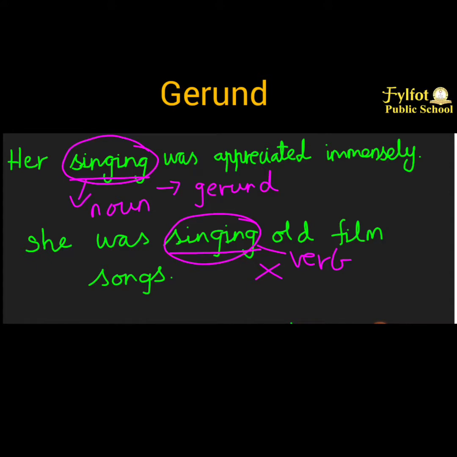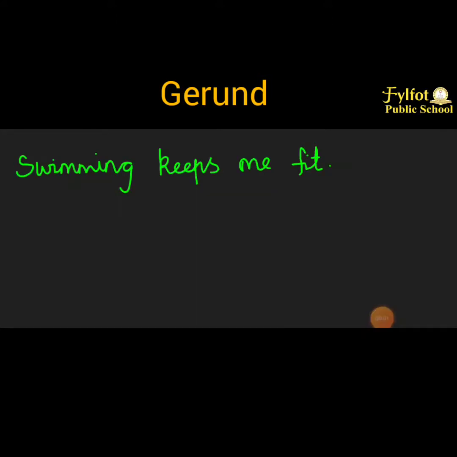Let me explain you in detail. Gerund basically answers the question what. So let's take an example. Swimming keeps me fit. As I told you, gerund basically answers the question what.